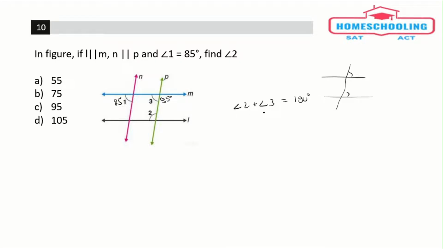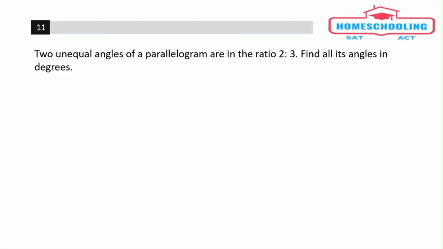If we know angle 3 is 85, then angle 2 would be 180 minus 85, so that would be 95 degrees. So hence angle 2 would be 95 degrees. So this is going to be your answer, 95 degrees. Now moving to the next question.